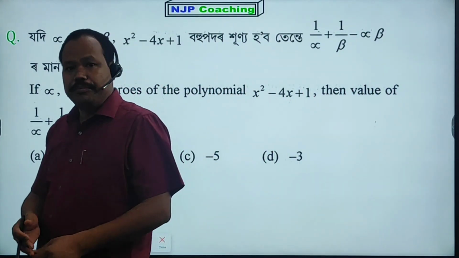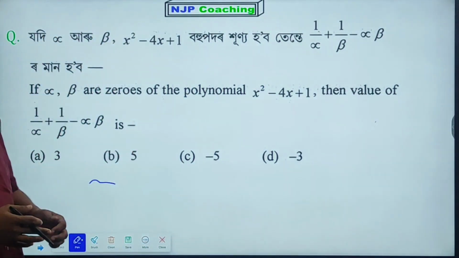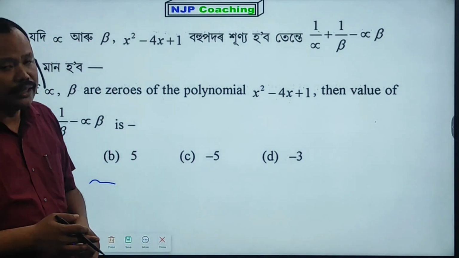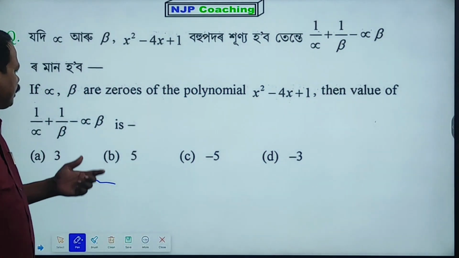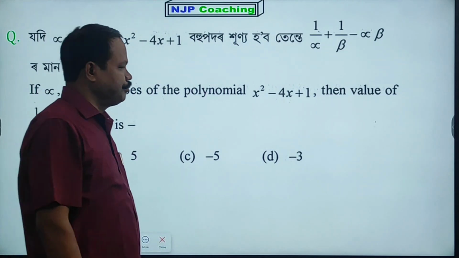If alpha and beta are the zeros of the polynomial x square minus 4x plus 1, then find the value of 1 by alpha plus 1 by beta minus alpha beta.